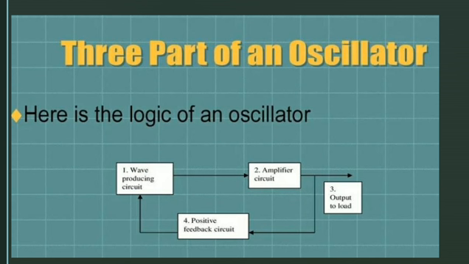What are the three parts of an oscillator? The input circuit, the amplifier circuit, and the feedback circuit. These are the three parts of the oscillator.